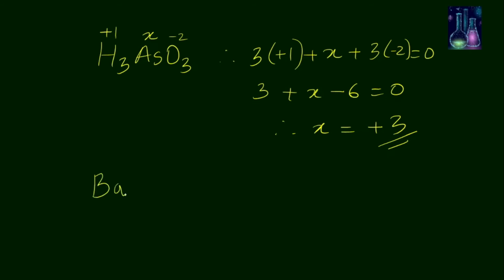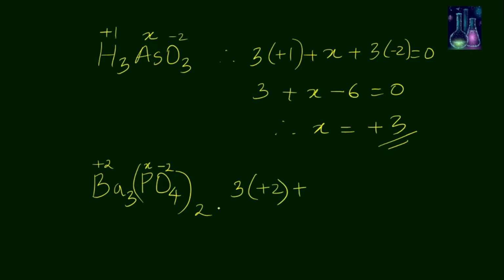Barium phosphate. The oxidation state of barium is +2 since it's a group 2 member. Let's find out the oxidation state of phosphorus, and oxygen is -2. Now 3 into +2, plus 2x, plus 8 oxygens into -2, equals 0.